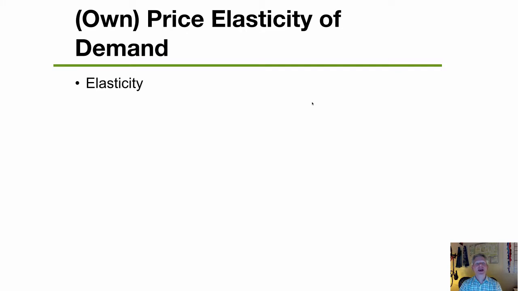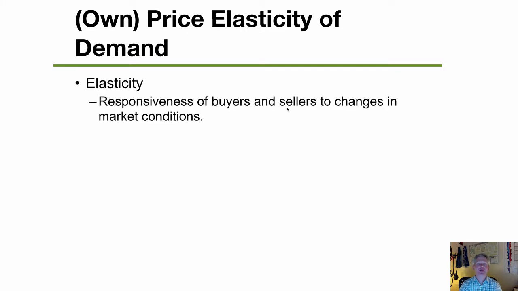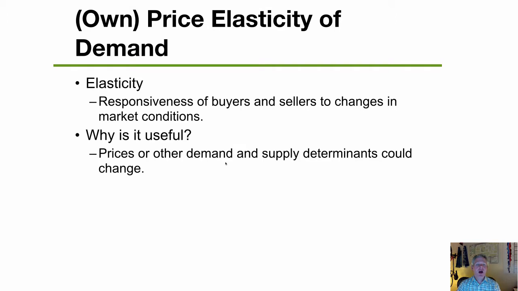So the own price elasticity of demand. Elasticity is the responsiveness of buyers and sellers to changes in market conditions for us here in econ. Why is it useful? Well, it's useful because prices or other demand and supply determinants could be changing. So something could get more popular, something could fall out of fashion, all the things we know that shift demand curves.